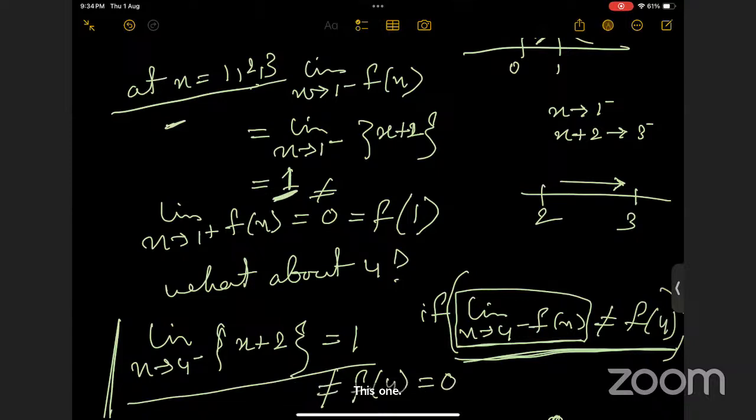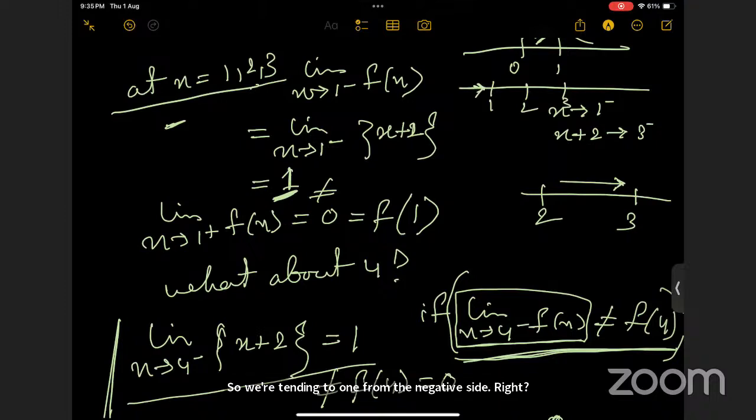So here this is our line, right? 1, 2, 3. So we're tending to 1 from the negative side, right? That means we're taking this approach for x. Then x plus 2 will be tending to 3 from the negative side, right? That means here we have 2.5, then some 2.75.